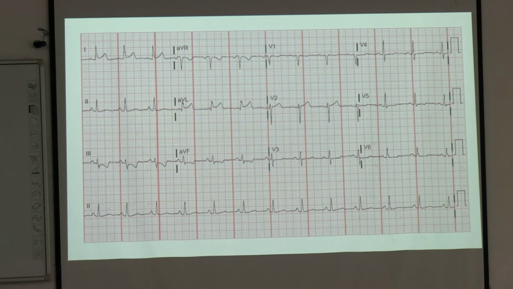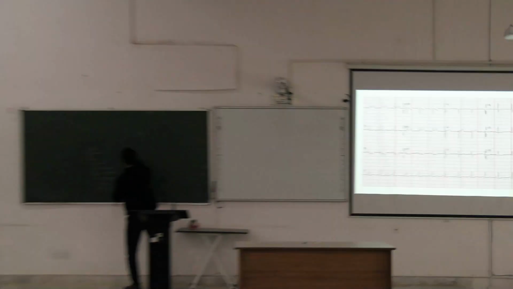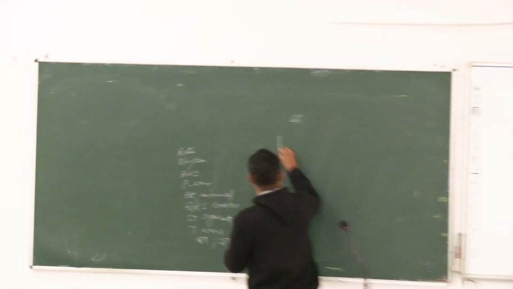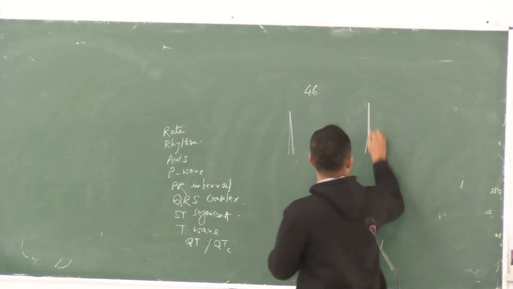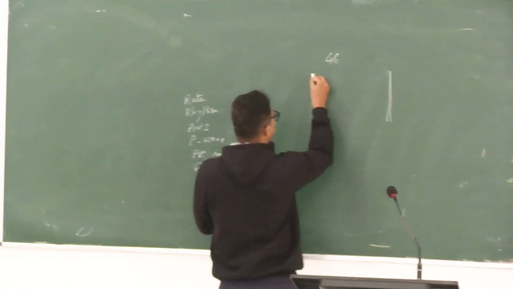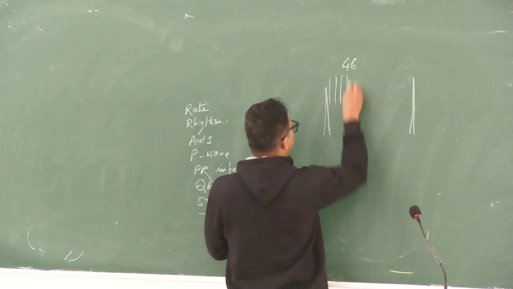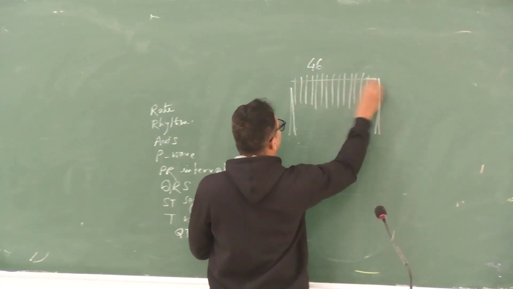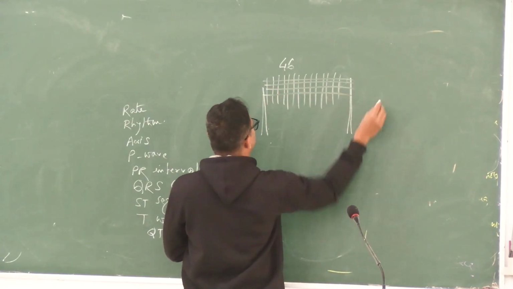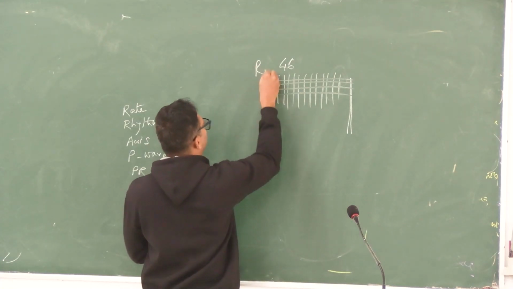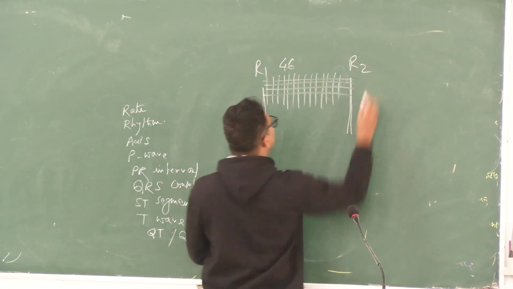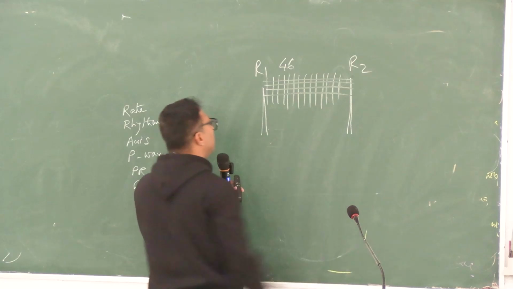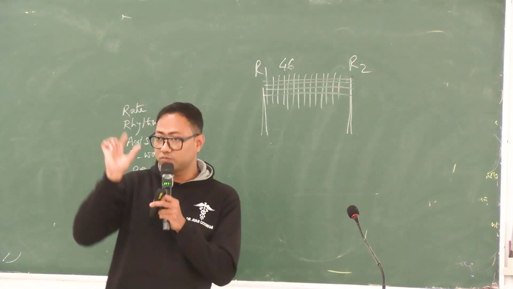Clear? If I draw it like this, here is one R wave and here is another R wave, and you need to calculate the number of small squares between them. So this is R1, and say for example this is R2. In between R1 and R2, you need to calculate the number of small squares.